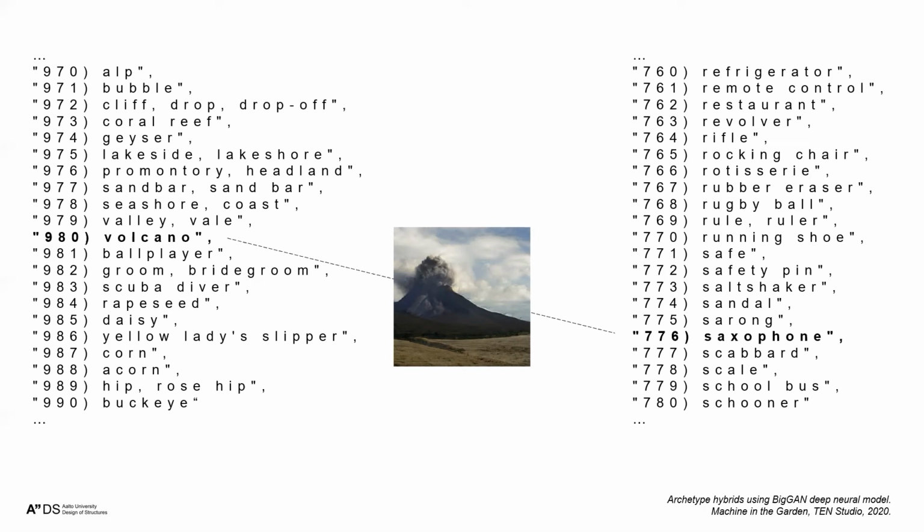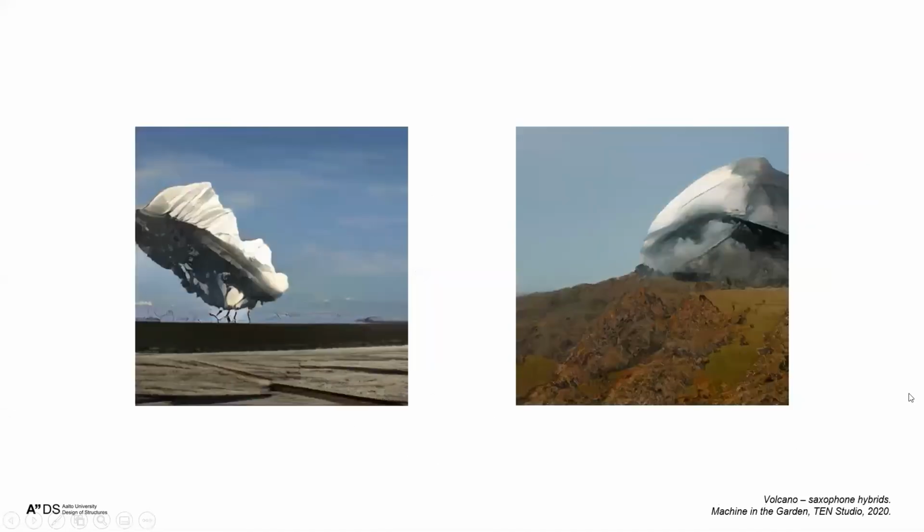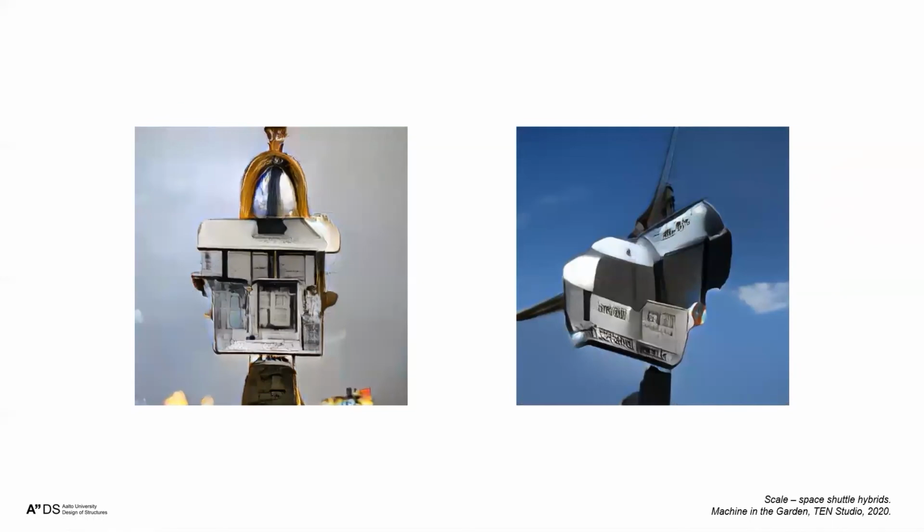it's merging between images. In that sense, this is, for example, volcano and saxophone, and you can get different outcomes. These are just snapshots, depending on the parameters that you choose. If you define a blend between a category, for example volcano and saxophone, you have a large space where you can sample from, and these are just some results of that sampling.